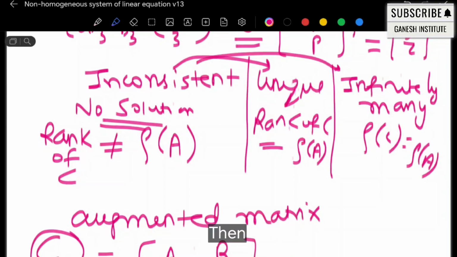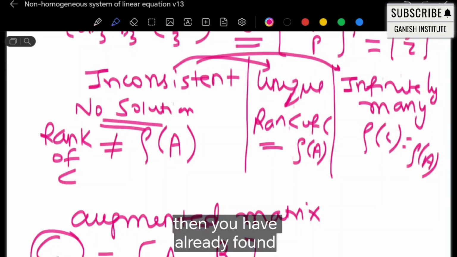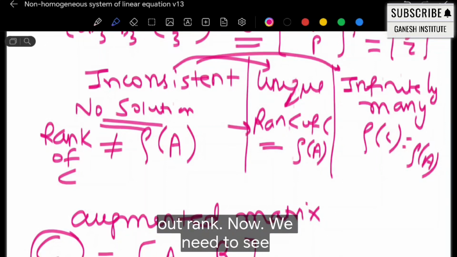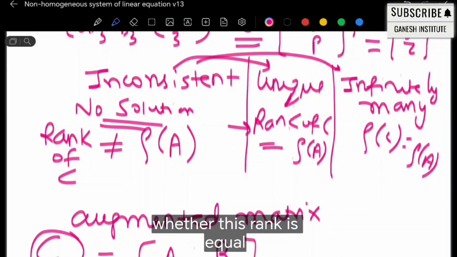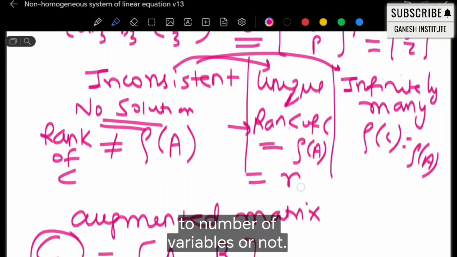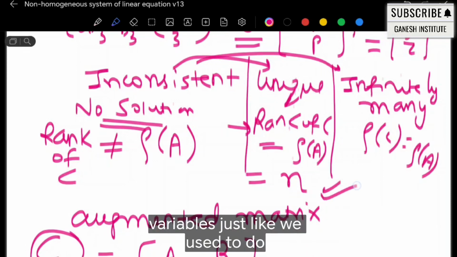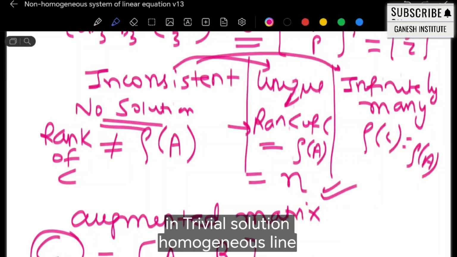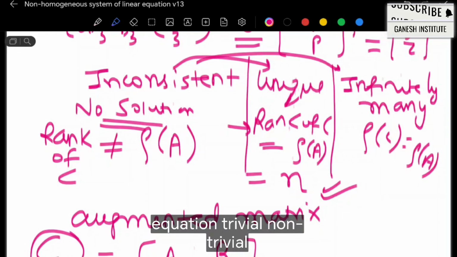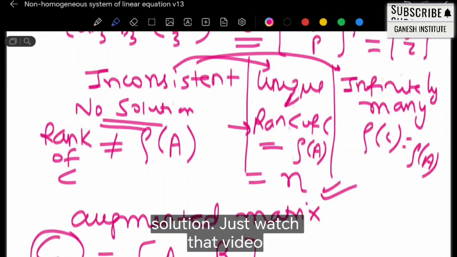What to do then? You have already found the rank. Now you need to see whether this rank is equal to the number of variables or not. Just like we used to do for trivial and non-trivial solutions in homogeneous linear equations, just watch that video.